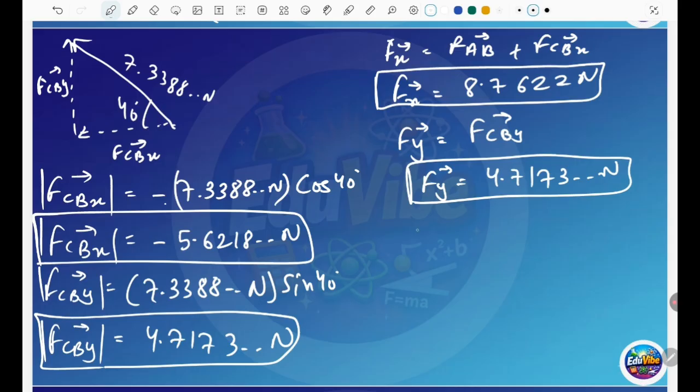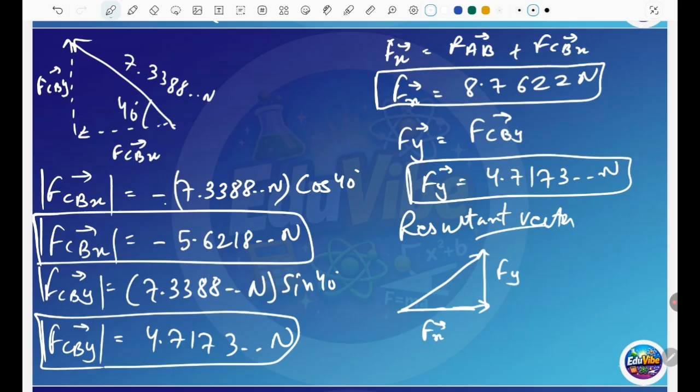So we take Fx and Fy. Now we have to find the resultant vector. For the resultant, both are positive, so they go in their respective directions. This goes in the east direction, this goes in the north direction, and this is our net one. So we have to find theta and the magnitude.